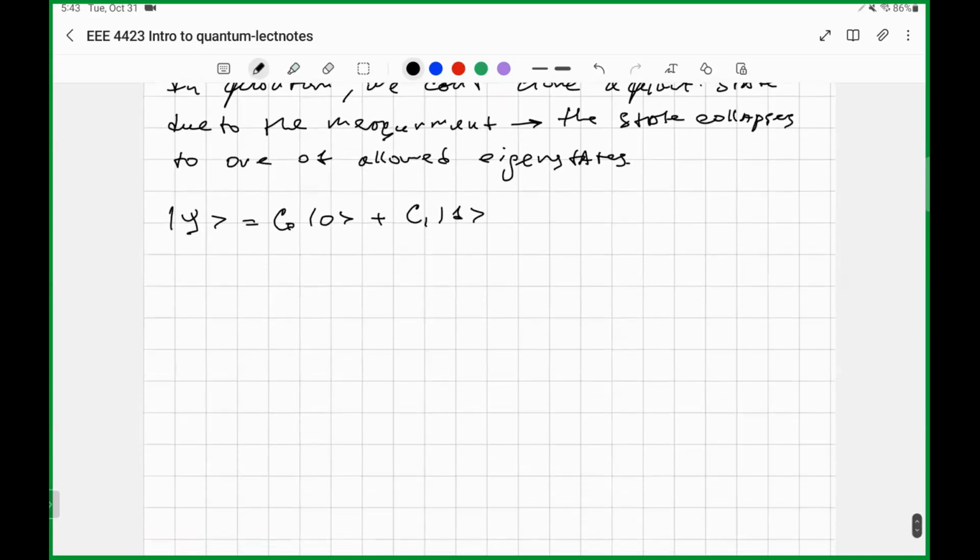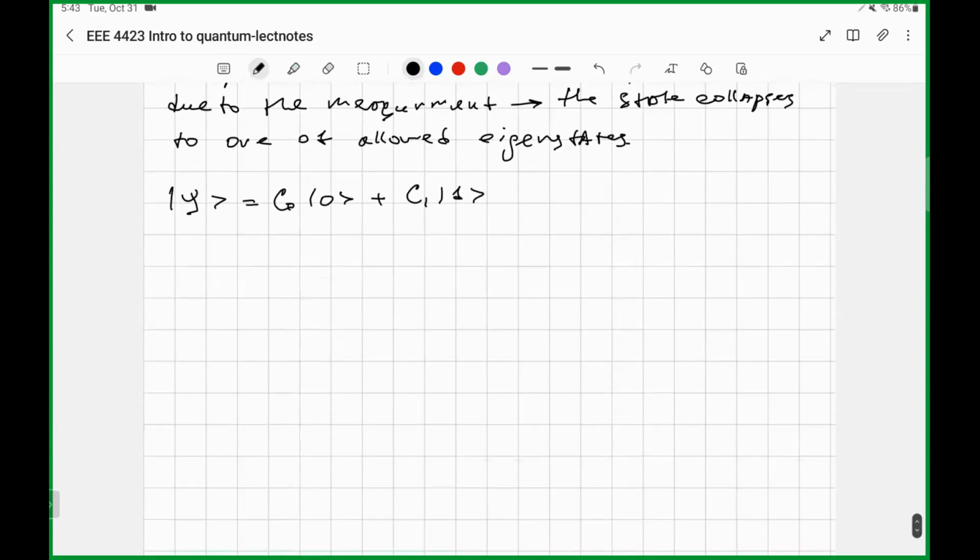But what we can do with such a state is destroy the state in one place and teleport it to another place, or teleport it to another qubit.